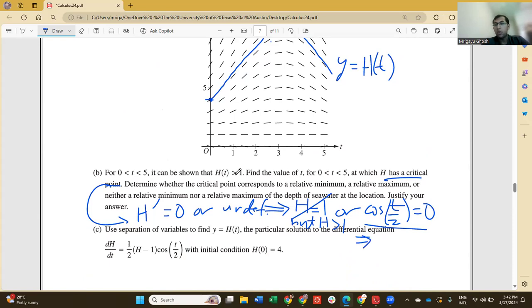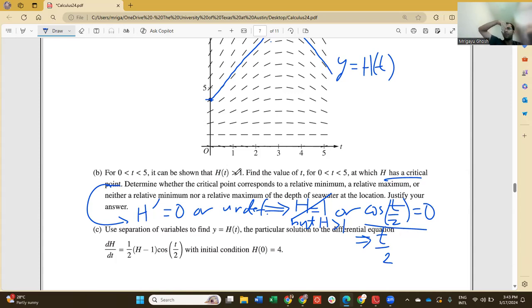When does that happen? Well, when does cosine equal 0 on our unit circle? It equals 0 when the argument of cosine is pi over 2 or 3 pi over 2, so it's pi over 2 plus any integer multiple of pi, right?